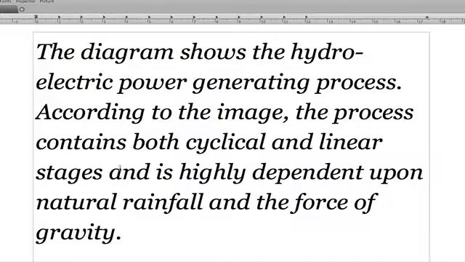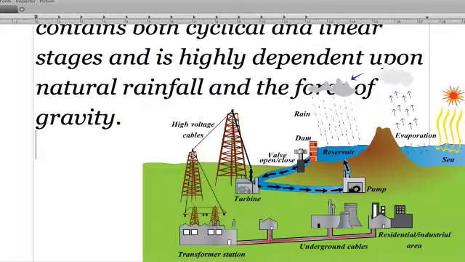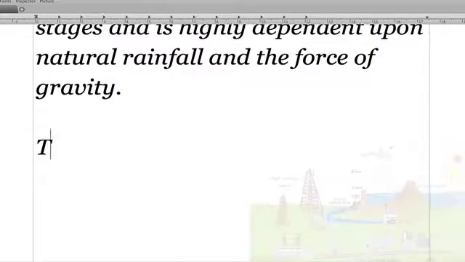Now let's go to the first analyzing paragraph, and as I pointed out, we're going to be talking about the first couple of stages right up until the point where the energy of the flowing water is converted into electricity in the turbine. So let's find the starting point and just state that clearly.